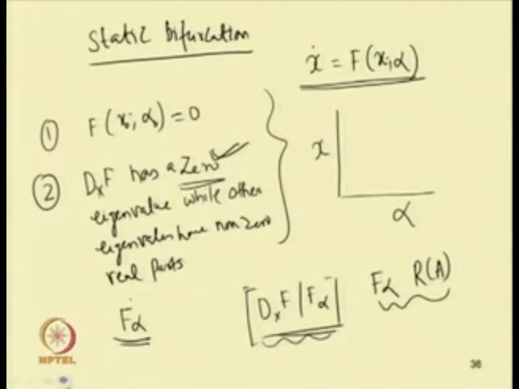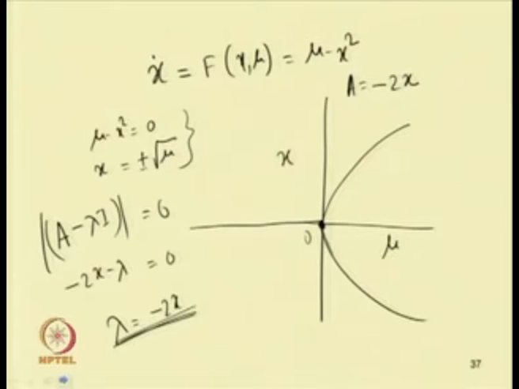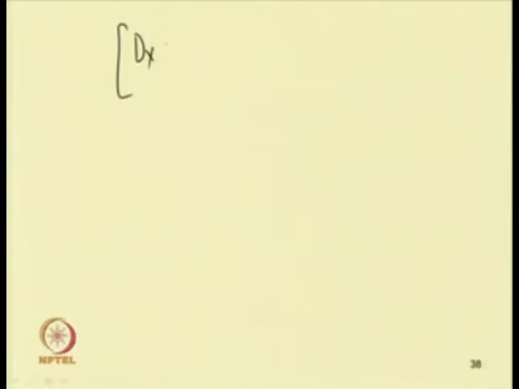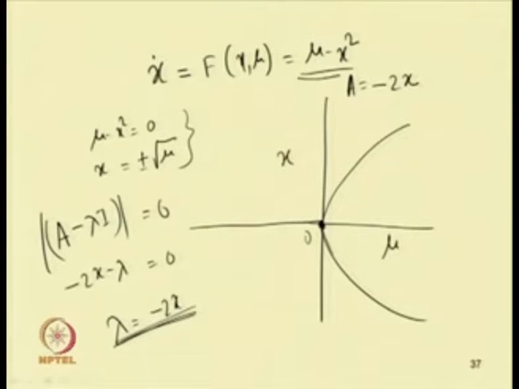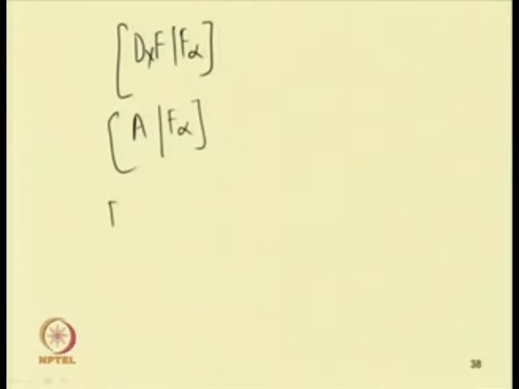Now let us construct the matrix dxf and f alpha. dxf is nothing but our A. Here f equal to mu minus x square, and alpha is nothing but our mu.